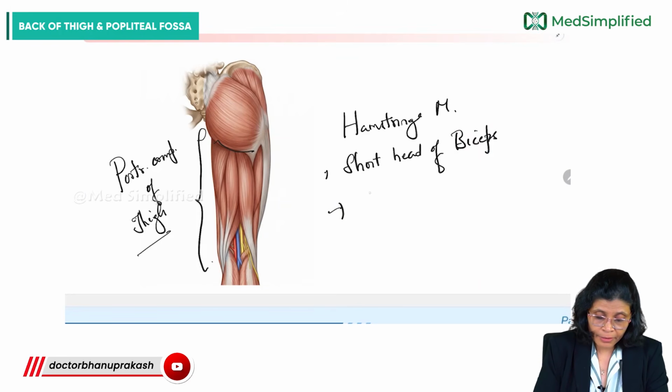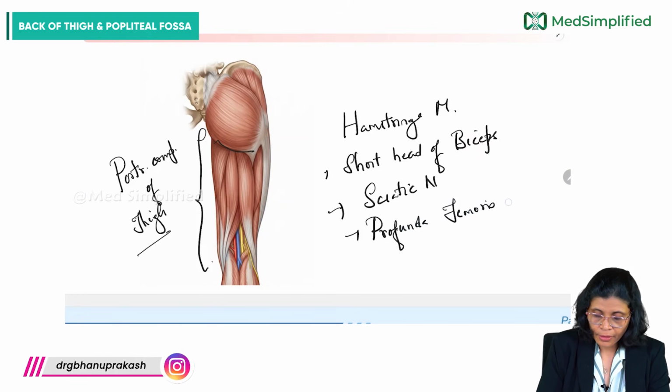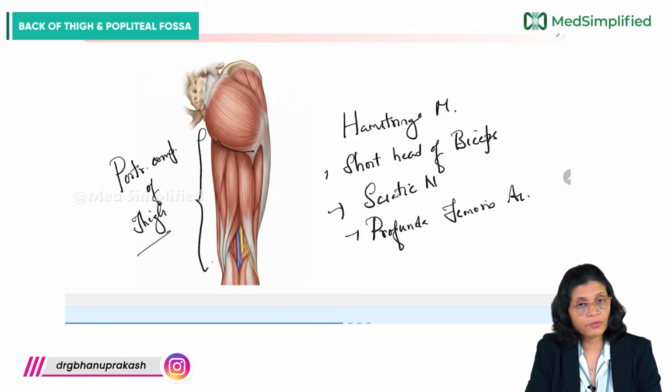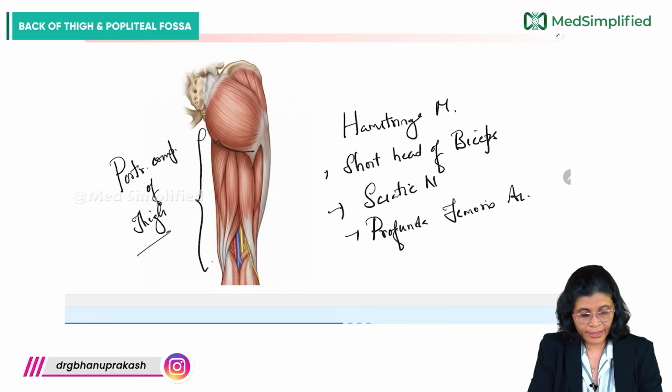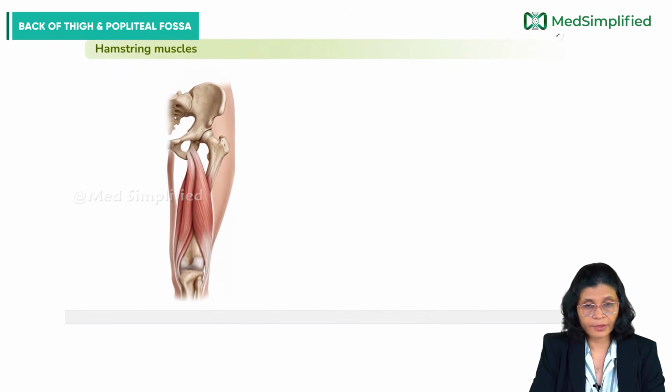And we have a very important nerve, the sciatic nerve, and the profunda femoris artery. Our main focus will be on the hamstrings and sciatic nerve. So let's see the hamstrings.